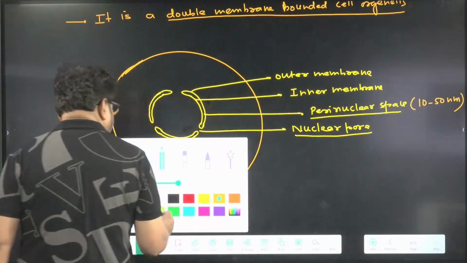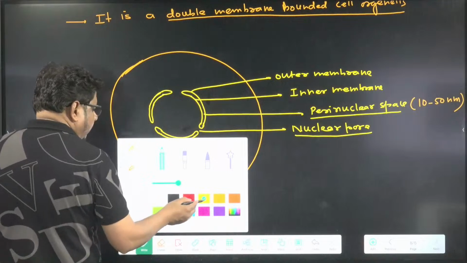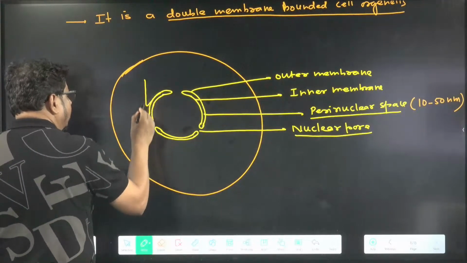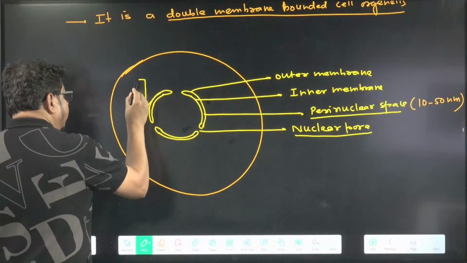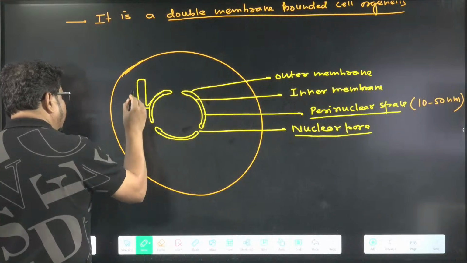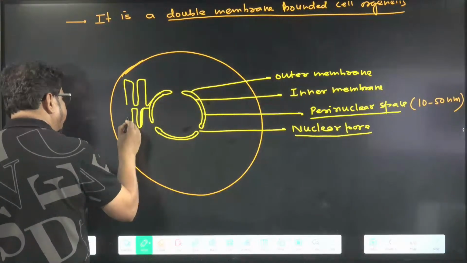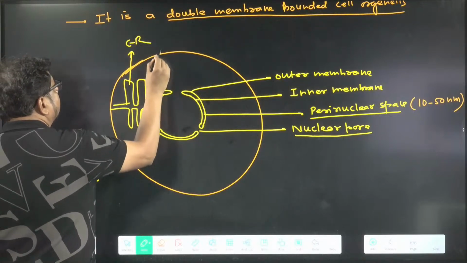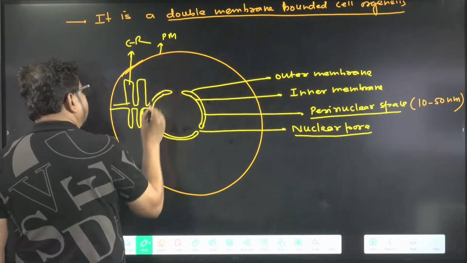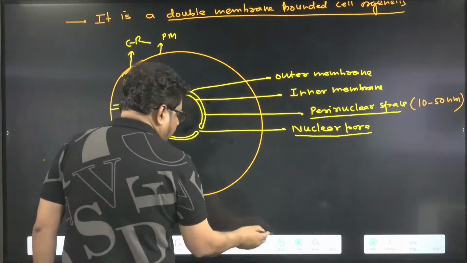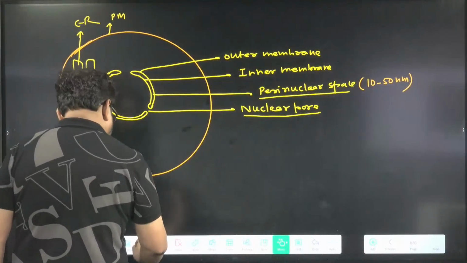Now, what NCERT wrote: the outer membrane of the nucleus is continuous with endoplasmic reticulum. It is ER, it is outer membrane. It is continuous with which one? Endoplasmic reticulum.